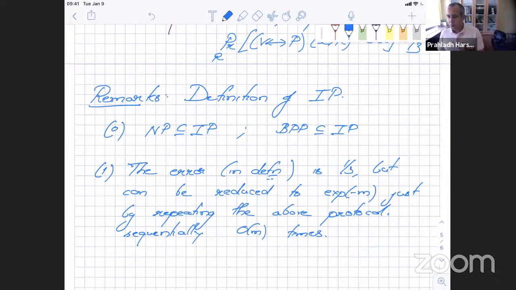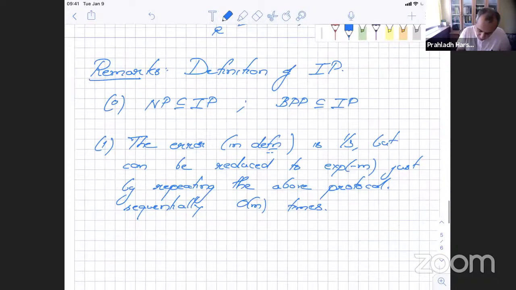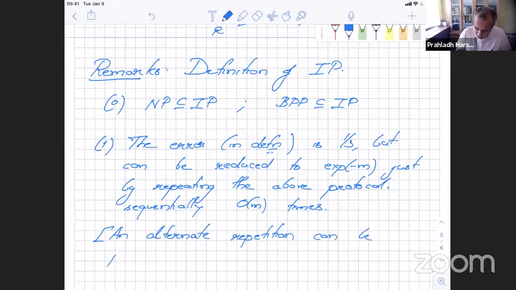Okay. This is not hard. You can do another type of repetition, an alternate repetition, which can be performed by asking questions in parallel.